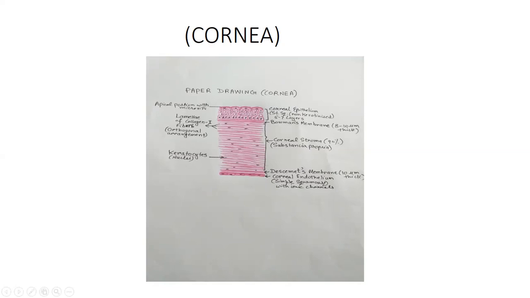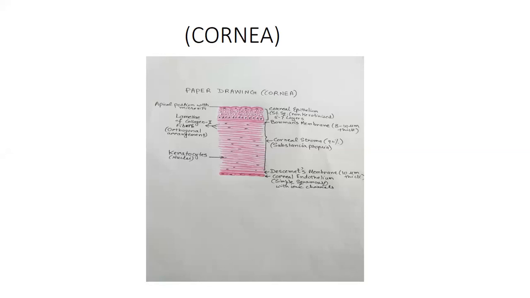Again, it is 10 micrometer thick, and it is the basement membrane of the endothelium. For the innermost layer you will draw large squamous cells. Actually, on light microscopy, they appear large squamous. When you study, you will see that they are basically simple cuboidal cells, and they have sodium pumps, and this layer is responsible for maintenance of an optimum hydration level of the stroma.